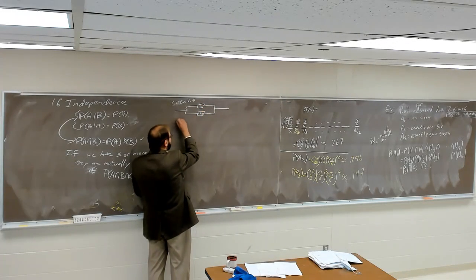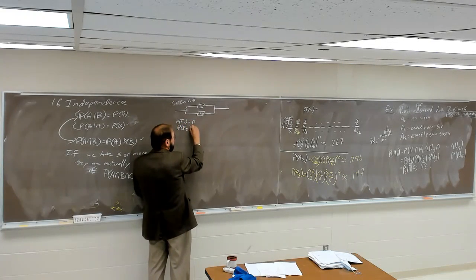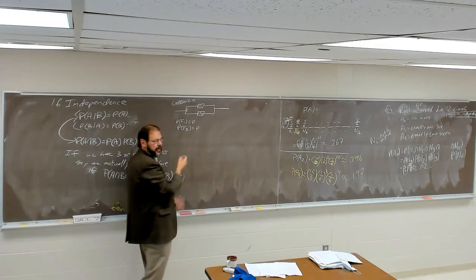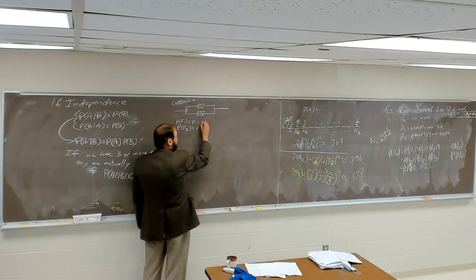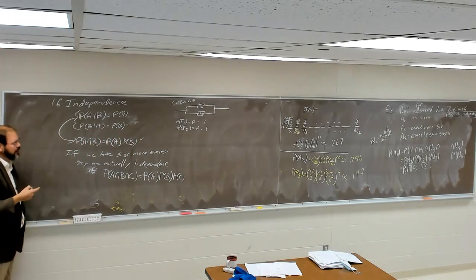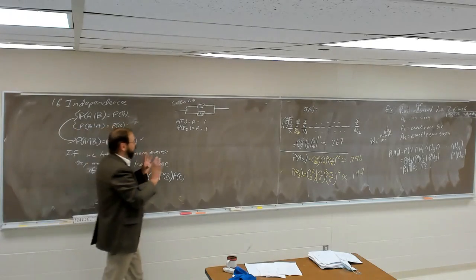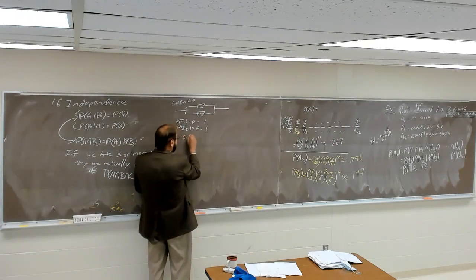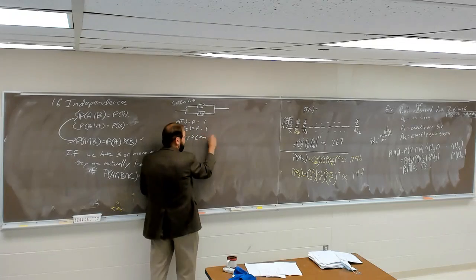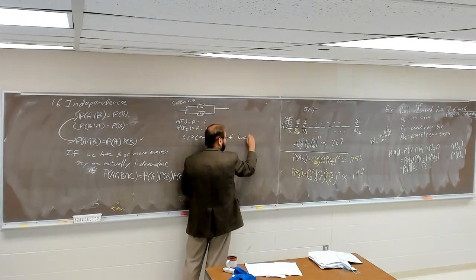Let's say the probability of fuse 1 failing is P, and the probability of fuse 2 failing is P, some value P. If you need a number, how about 0.1? They fail with a probability of 0.1. And then in this situation, you can say the system fails if both fail.